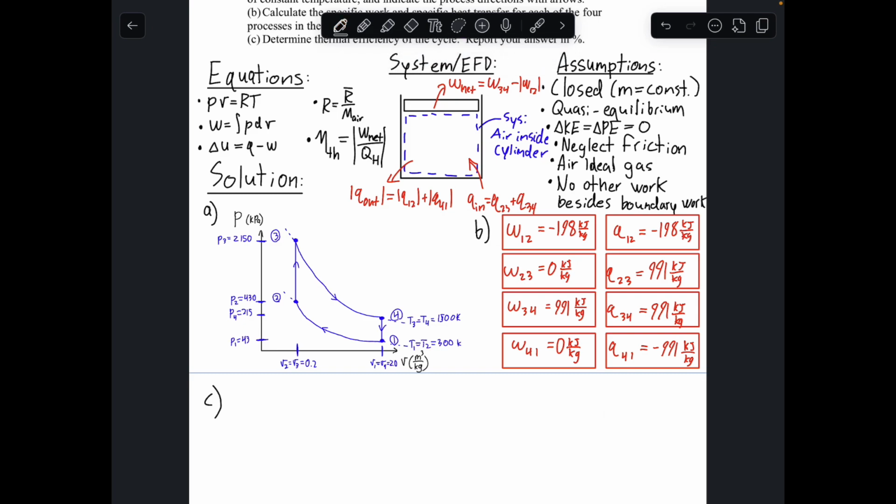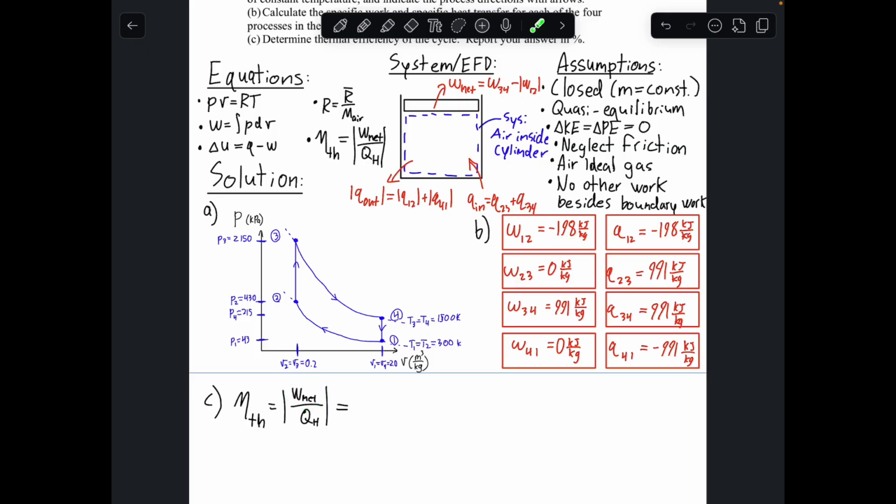So now we get eta TH is equal to magnitude of net work divided by QH. But like we said here, this net work is going to be our work from 3 to 4 minus the magnitude of the work from 1 to 2.